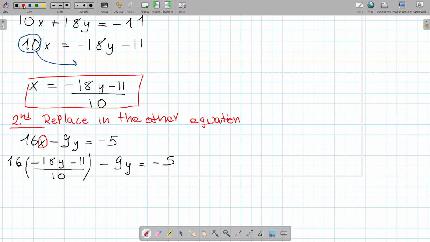As you can see, it's the same equation, but instead of writing x, I have written this one.